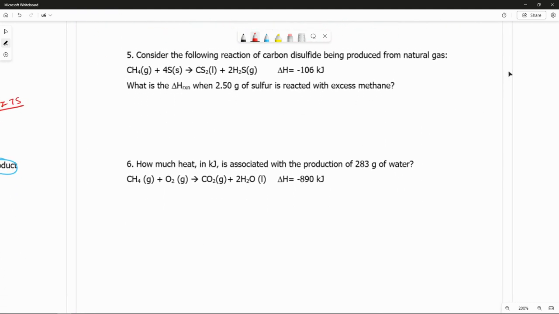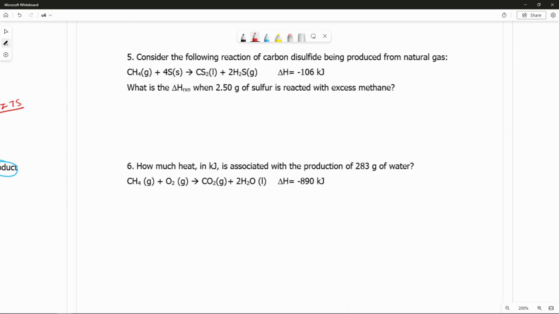All right, let's try number 5. Consider the following reaction of carbon disulfide being produced from natural gas. It gives us this equation and kindly our delta H. What is the delta H RXN, or the change in enthalpy? You can also call this the heat of reaction.